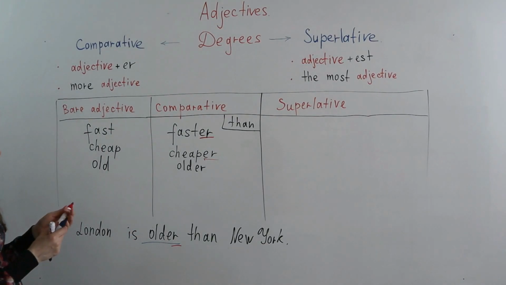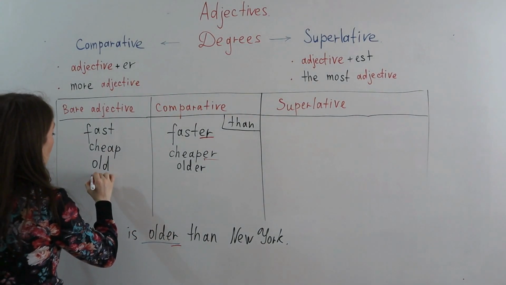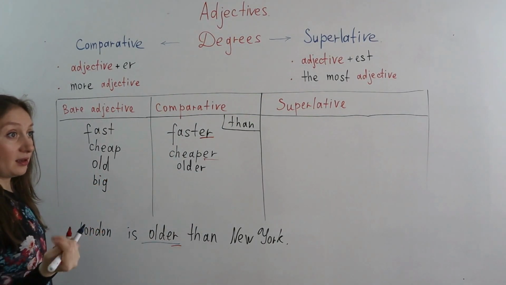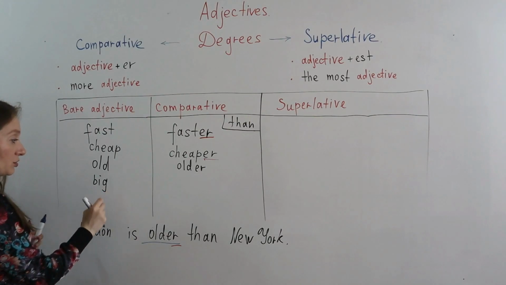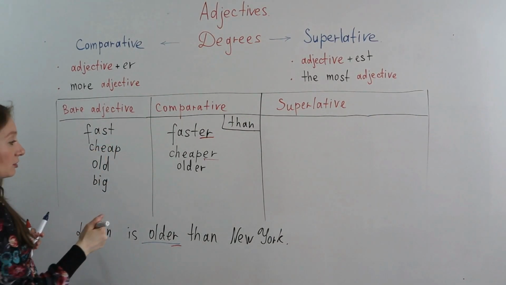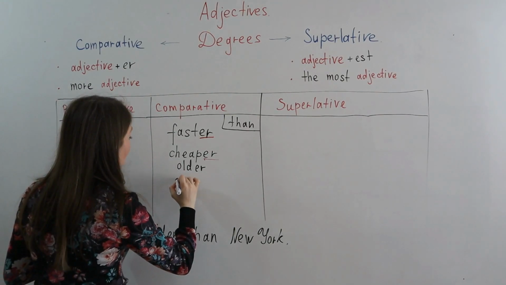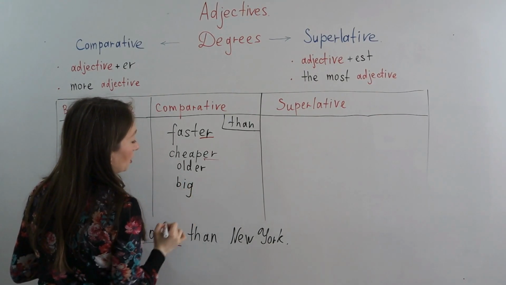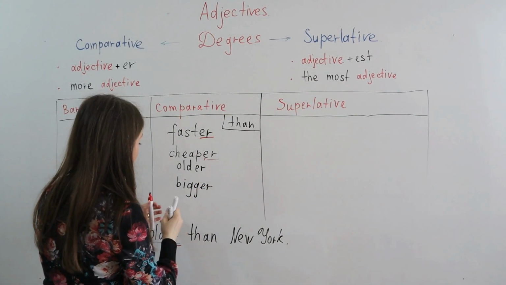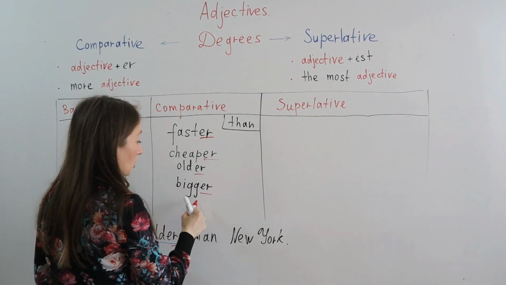But there is one more thing. For example, we have one more adjective like big. Also, one syllable, big, right? 3 letters, 1, 2, 3. But when we make comparative degree, we have to double the letter G. So, you see, ER, ER.